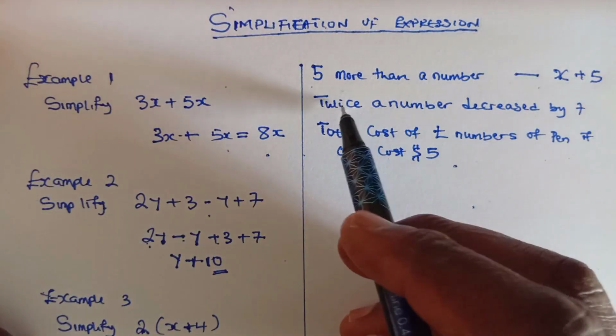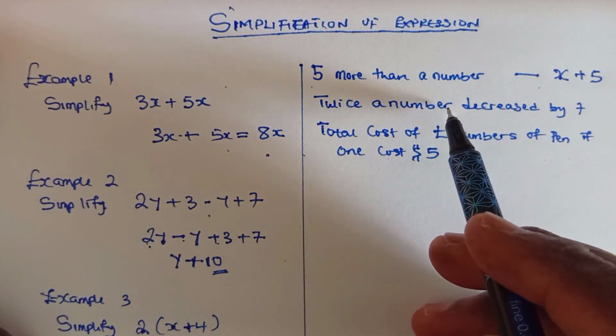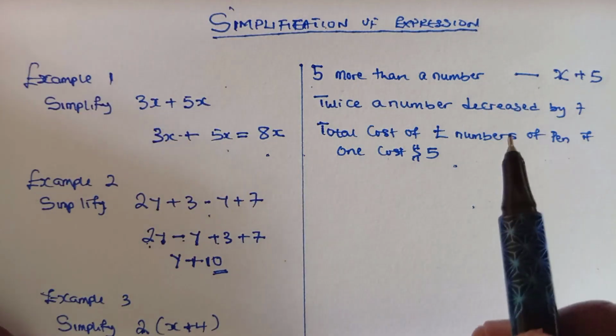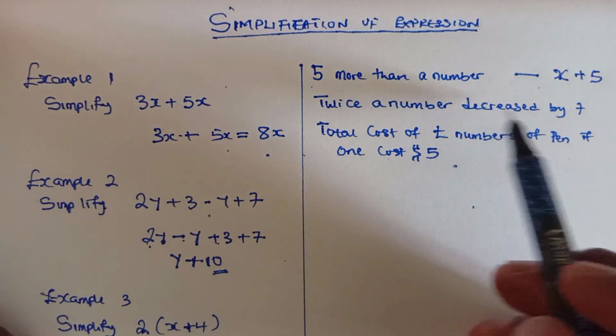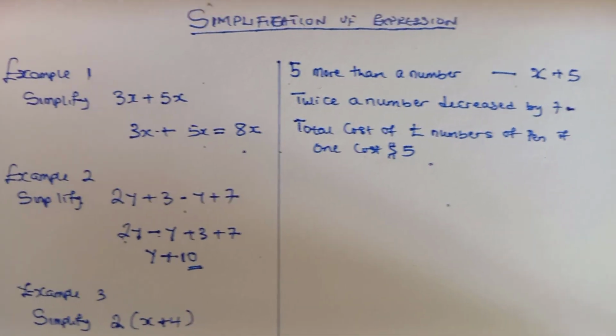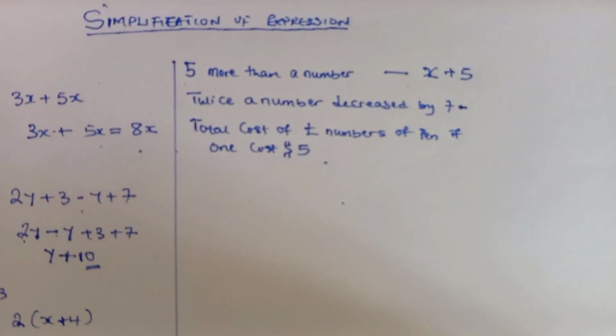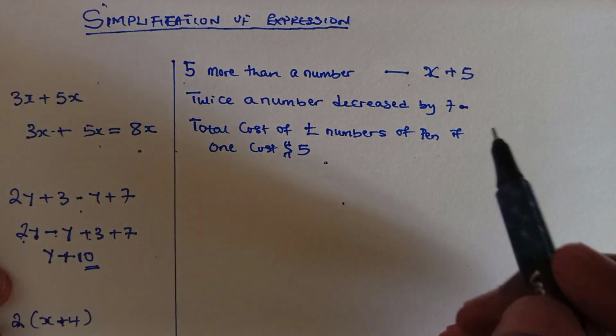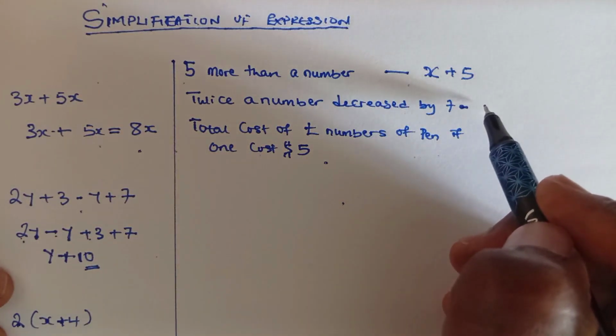So the next one is twice a number, decreased by 7. Pick it one by one. So twice a number decreased by what? 7. So we have the number to be a variable, right?